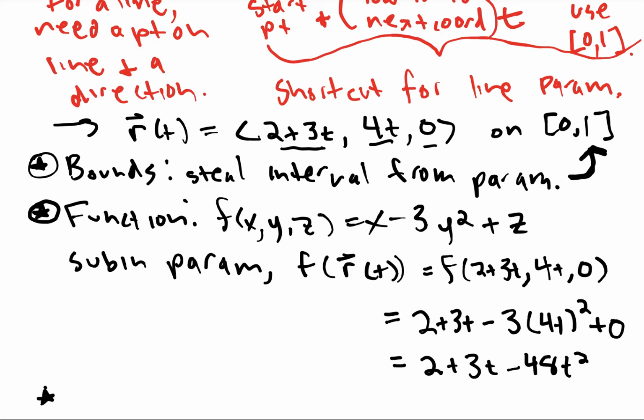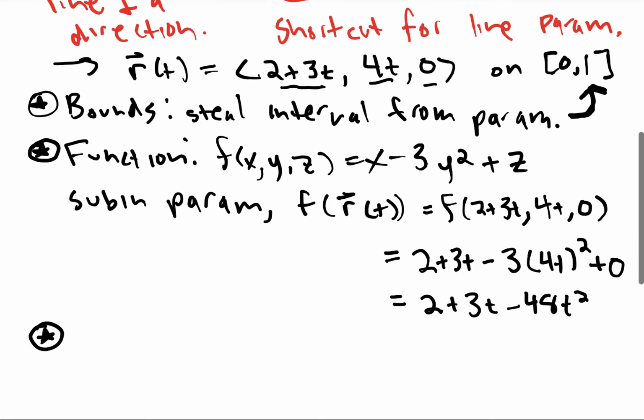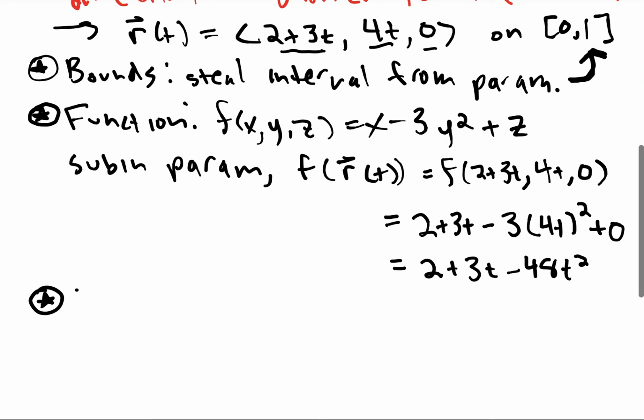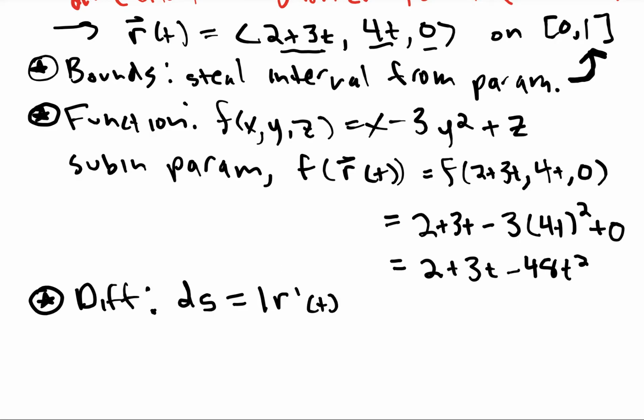The final thing that I'm going to want to do is fix up my differential. Okay, so that differential that goes on the end, what I have said before is if we're trying to replace the ds from a line integral, the replacement for my ds is basically going to be the magnitude of r prime of t with a dt thrown on the end.